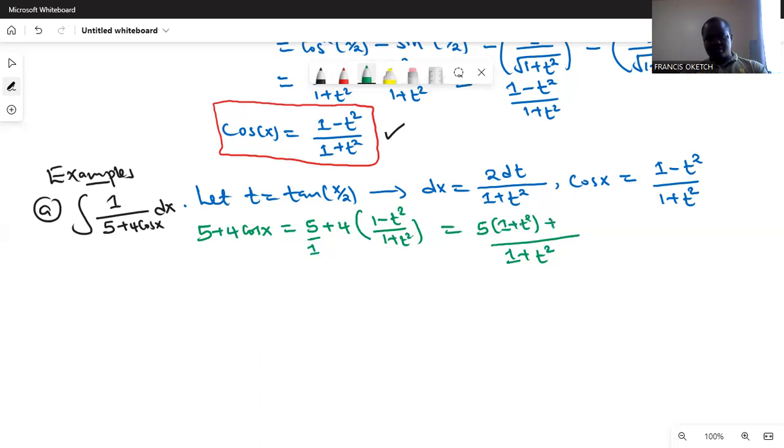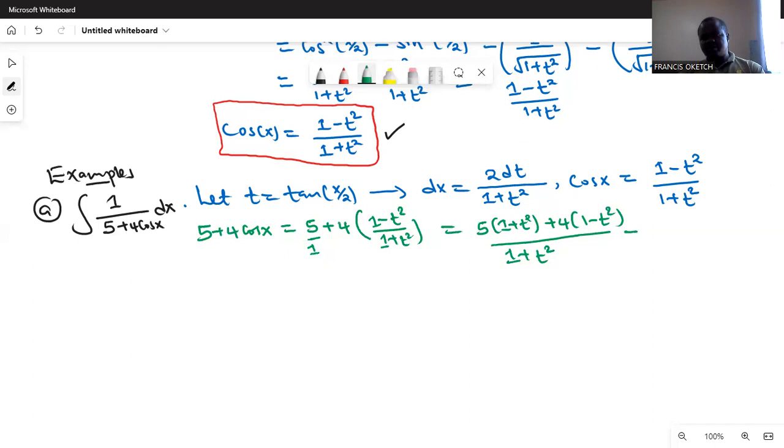Then I can see there's a plus 4. 1 plus t squared will go into the LCM 1 times, then 1 times that one, we get 1 minus t squared. And if you look at the numerator, if I open the bracket, we'll be having 5 plus 5t squared plus 4 minus 4t squared.